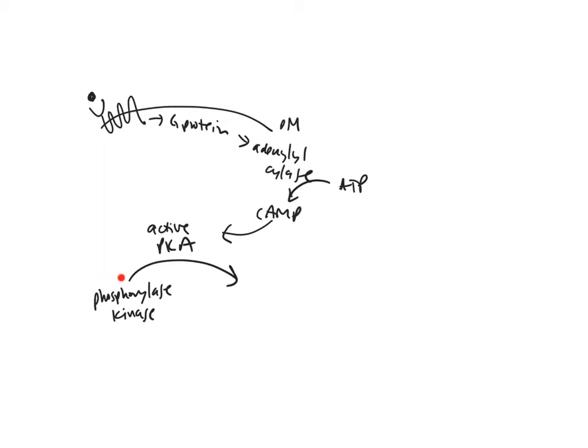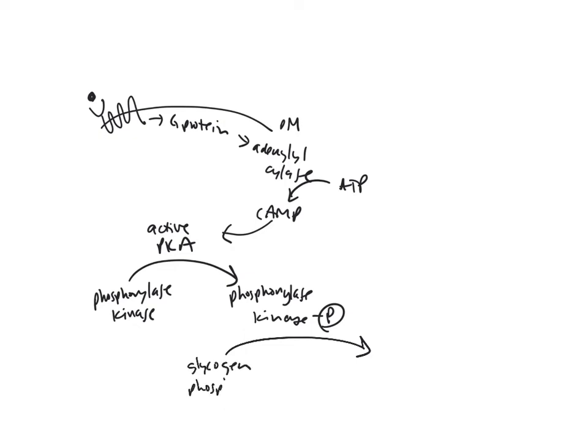For example, phosphorylase kinase is different than protein kinase A. Phosphorylase kinase, when activated, has this phosphate group covalently attached to it, and then it can trigger the next step, which is to take glycogen phosphorylase and add a phosphate, which then leads to glycogen breakdown.